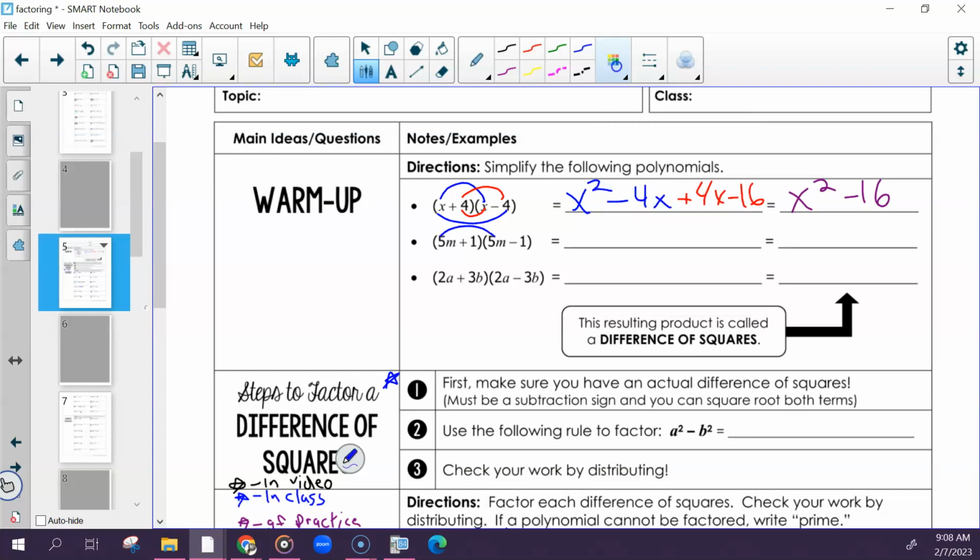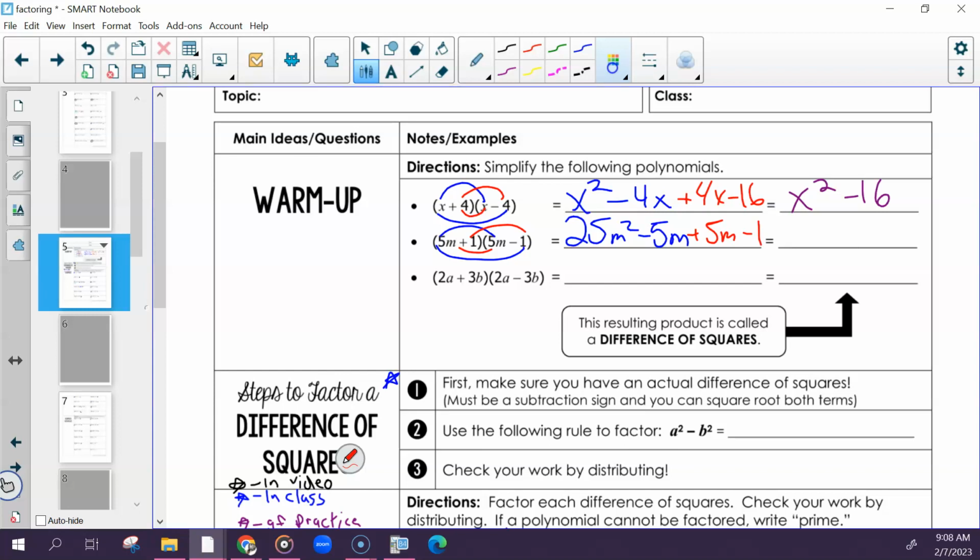5m times 5m, 25m squared, 5m times -1 would give us -5m, 1 times 5m would be the opposite, 1 times -1 would give us -1.